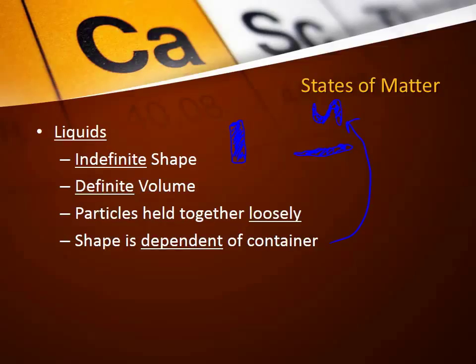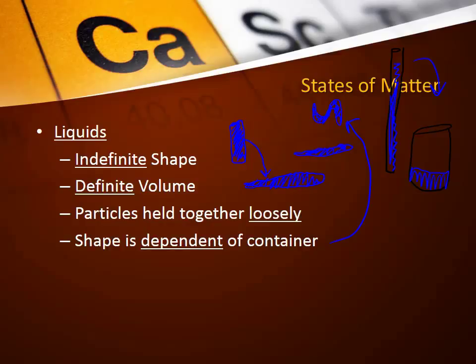It also has, however, a definite volume, meaning if I were to take this amount of water and spread it out, I'm not going to suddenly have more water. For example, if we have two bins, and let's pretend that I take this amount of water and pour it in here, and I end up getting that it looks like that.